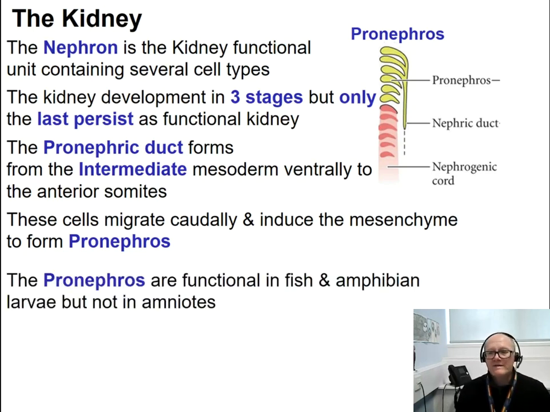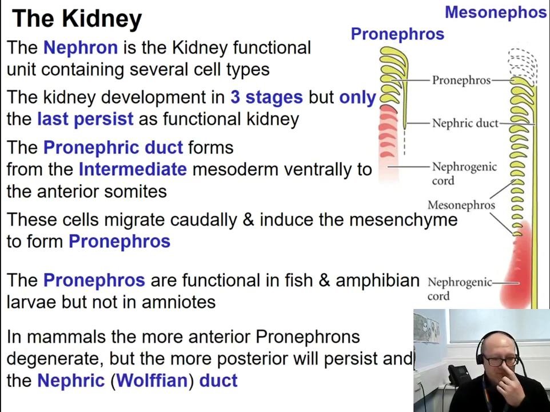Now, the pronephrons are functional, meaning that they can filter blood and produce urine in some vertebrates, including amphibian larvae and fish. However, they are not functional in mammals, which are amniotic animals. So in mammals, they regress and disappear by apoptosis, which is programmed self-death.